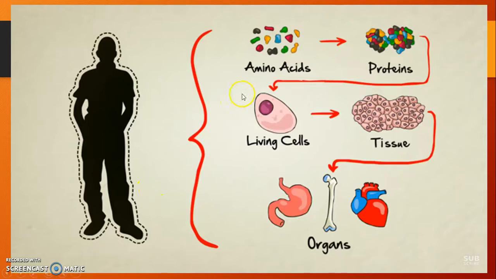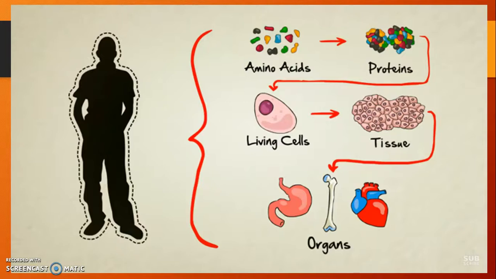So it all starts with these amino acids, which join together to make protein, and these proteins are responsible for the various metabolic functions inside the living cell. These living cells combine to make tissues, these tissues make organs, and these organs make a human being.